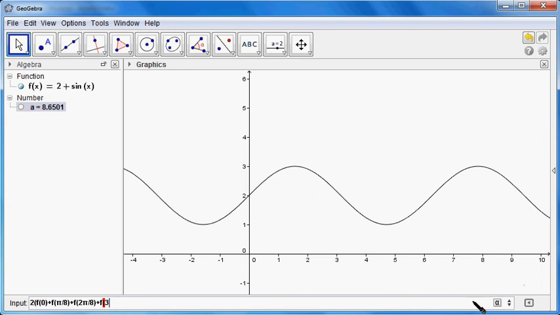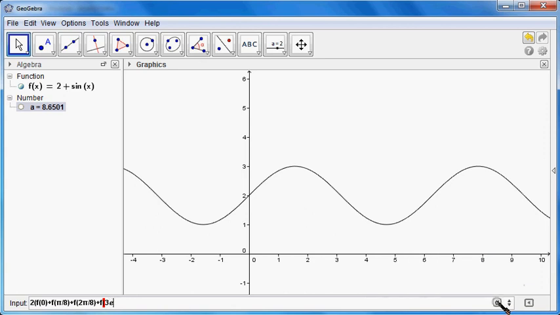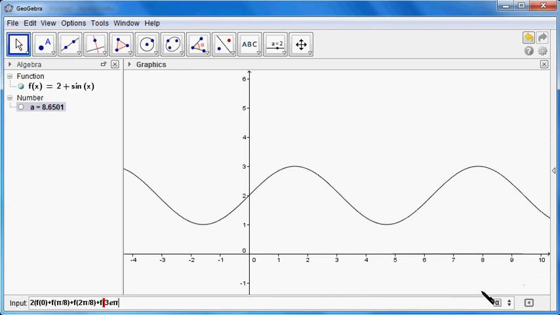Over 8. So you see that we already have 4 heights.